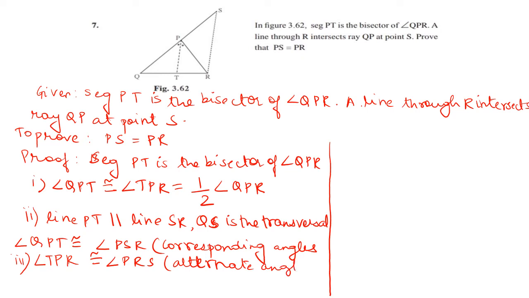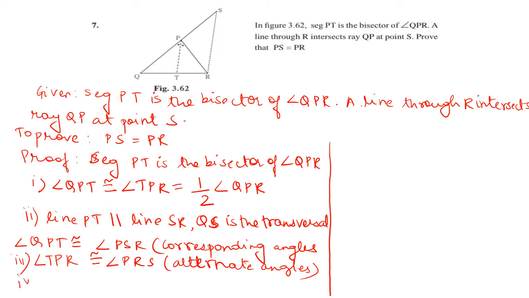angles. Now you can see that QPT is equal to TPR, correct? And here we can see QPT is equal to PSR and TPR is equal to PRS. So because these two are congruent, automatically these also are congruent from 1.